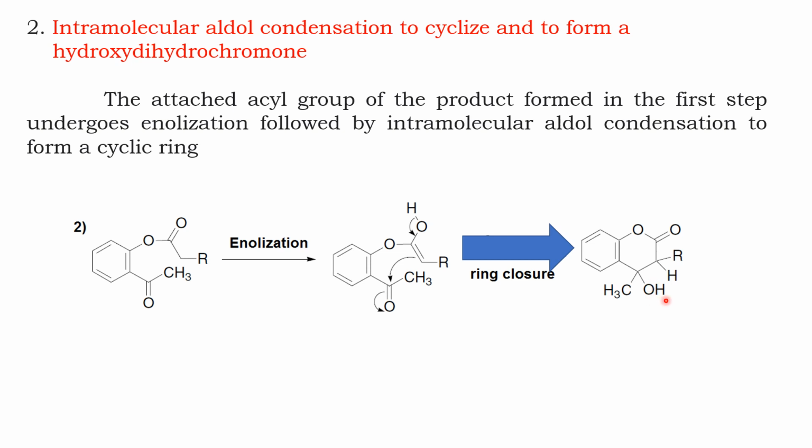OH, CH3, R, H. Here an H is there. So a ring has formed here. Listen carefully. Take down. So you first draw this one. Show this having a negative sign, an enolized anion or an enol.